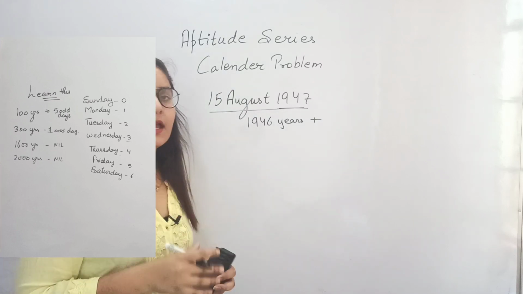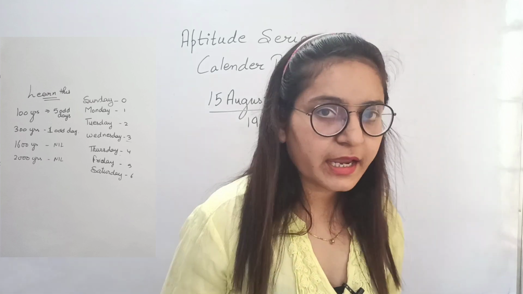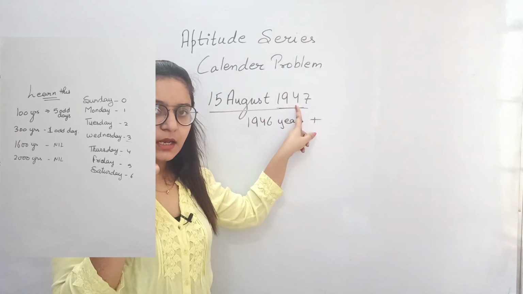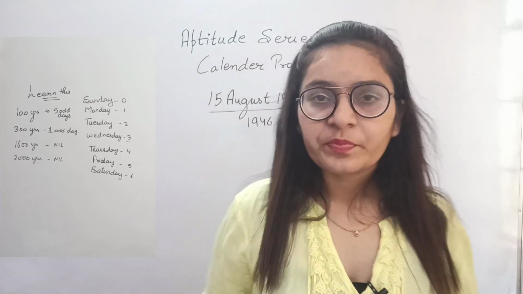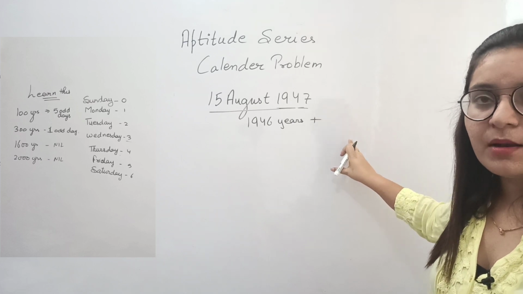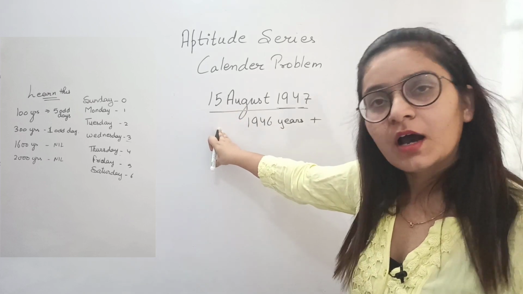Just calculate. In the month of January 31, then Feb 28, because this is a non-leap year. If we divide it by 4, it will not be exactly divisible, which means this is a non-leap year. So January 31, Feb 28, March, April, May, June, July, and 15 days of August.